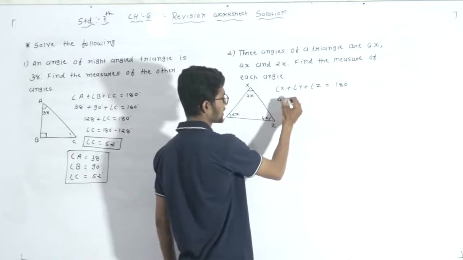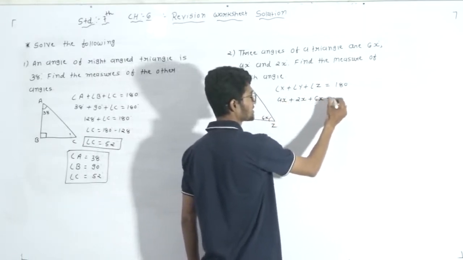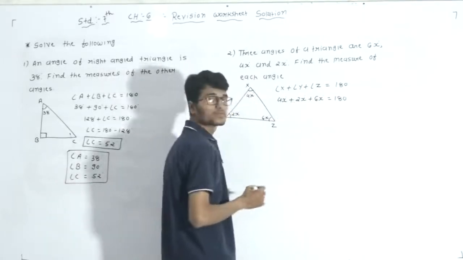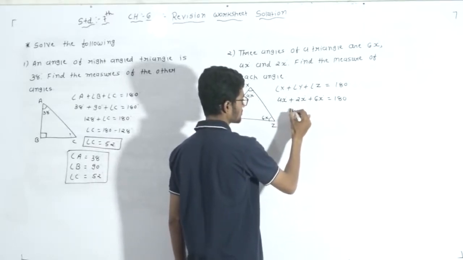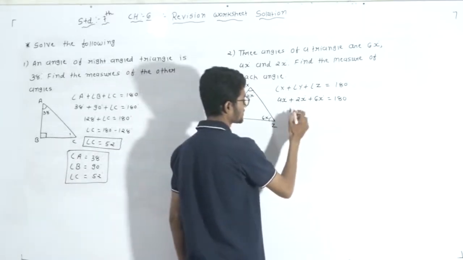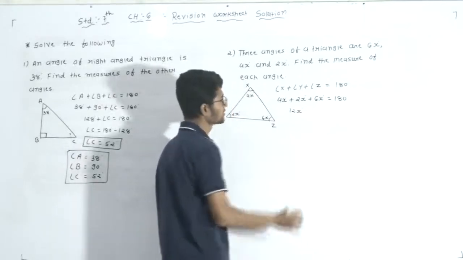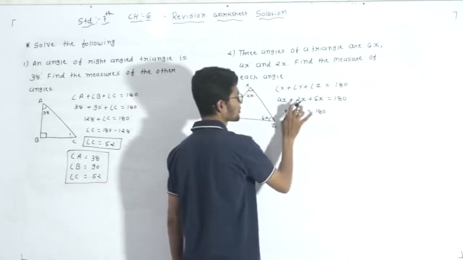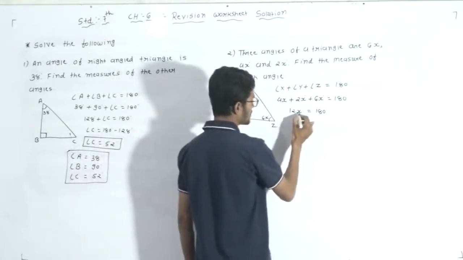Angle x is 4x, y is 2x, z is 6x, equal to 180. 4 plus 2 is 6, 6 plus 6 is 12x. Now you have to find the value of x.